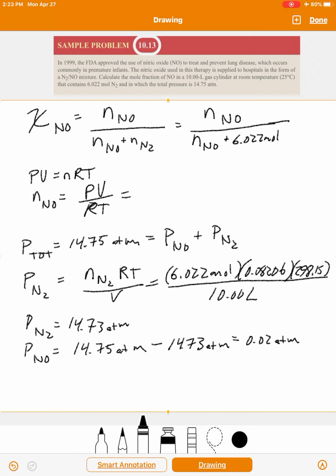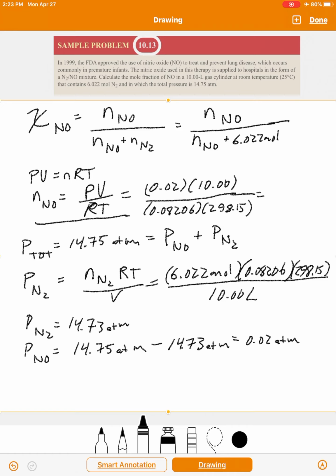Now we can come back up here and do this calculation. 0.02 atmospheres. The volume is 10 liters. The gas constant is 0.08206. And our temperature is 298.15. So that'll give us the moles of NO from the partial pressure of NO. So 0.02 times 10 is 0.2.